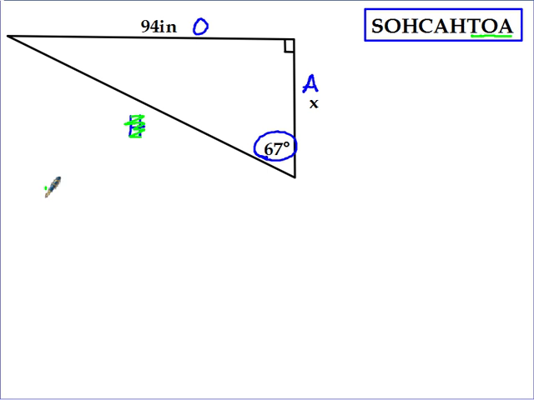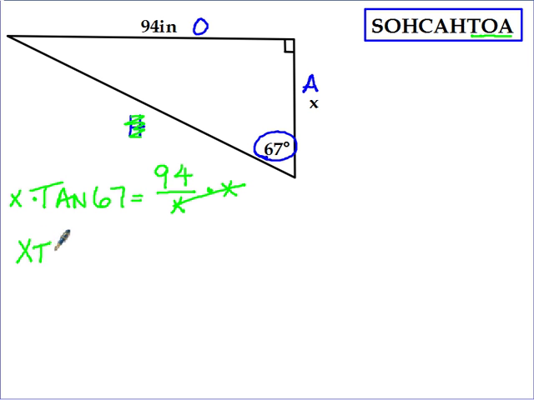So I have the tangent of 67 equals 94 over x. Now again, always multiply by the denominator to get rid of it. So x times the tangent of 67 equals 94.